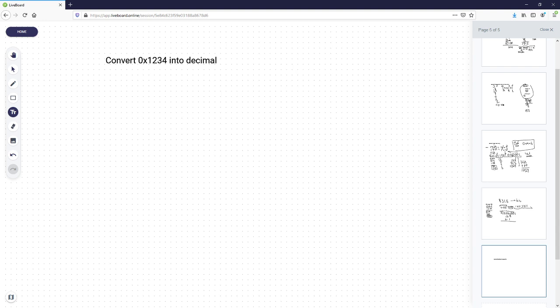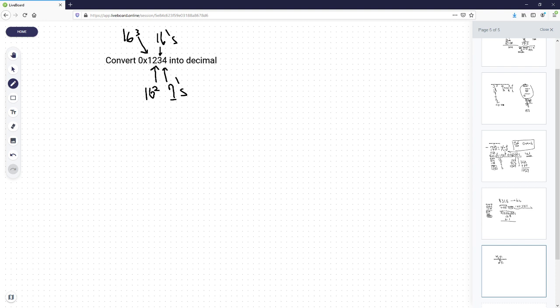Converting this into decimal is the same thing as doing binary, except now you have to remember that this 4 is in the ones place. The 3 is in the 16s place now, because everything is base 16. This 2 is in the 16 squareds place, and this 1 is in the 16 cubeds place.